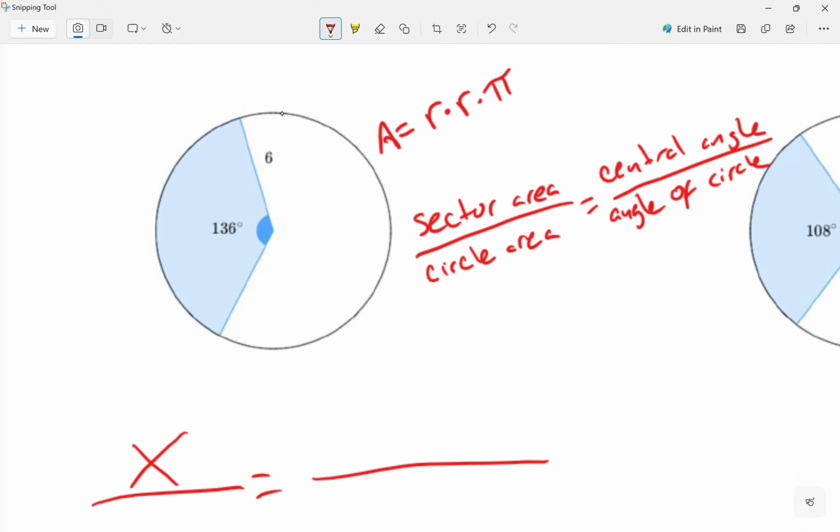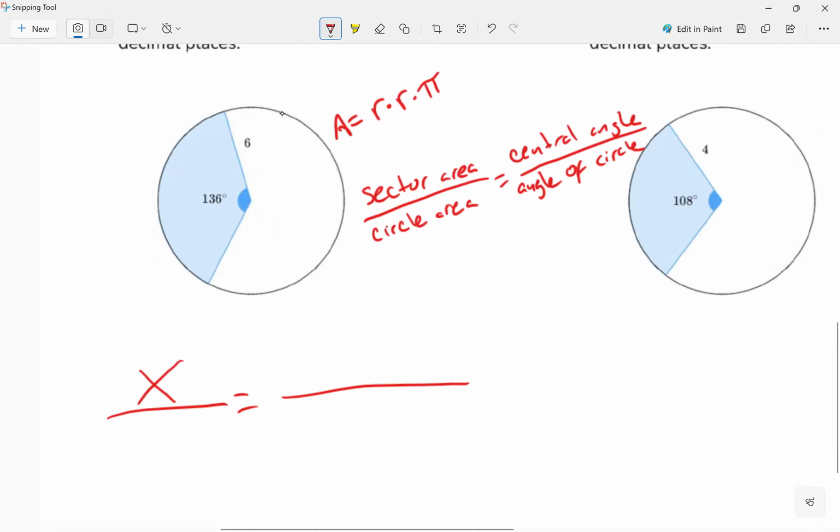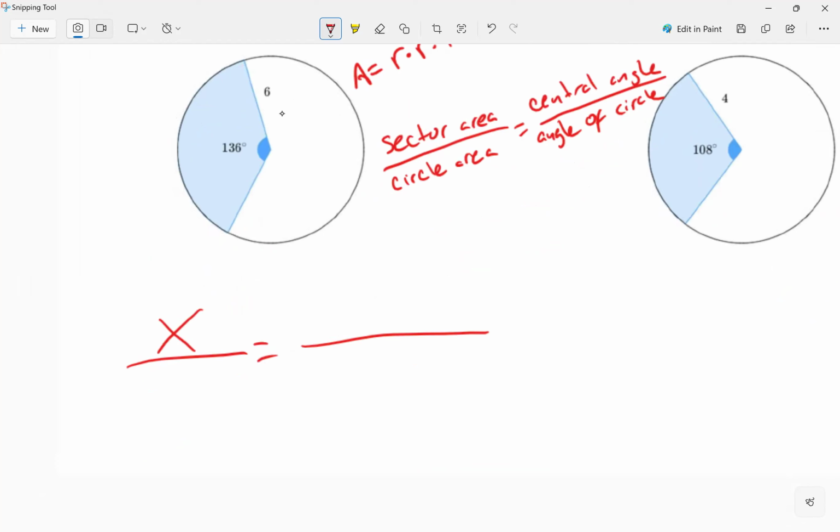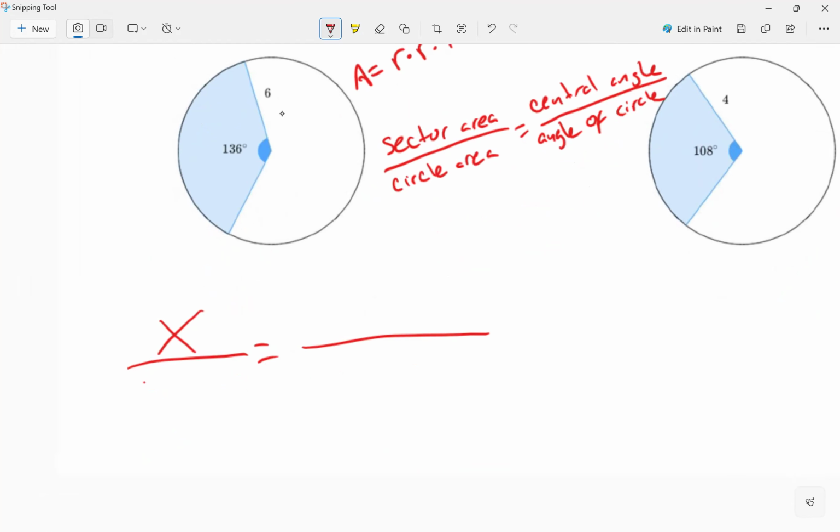Our radius here is 6, right? So I'm going to call this 36 times pi. For right now, let me just call it 36 pi. I don't want to be dealing with decimals yet.